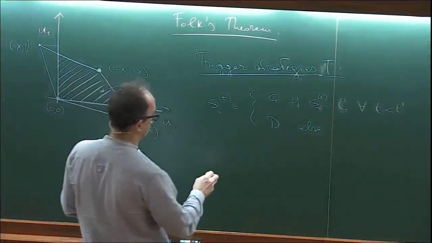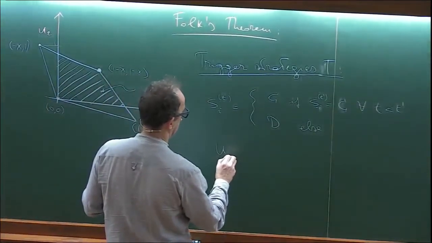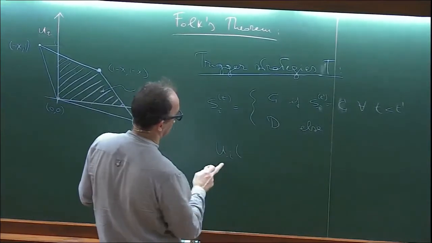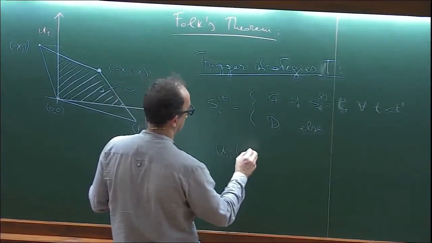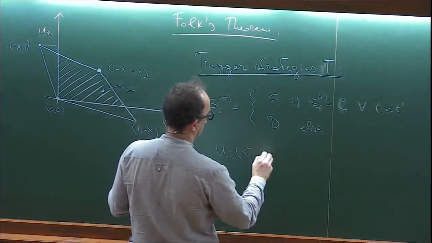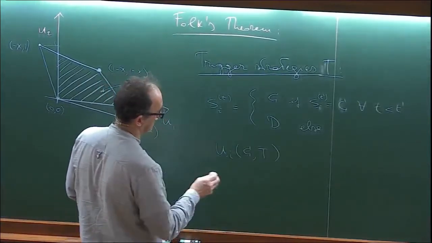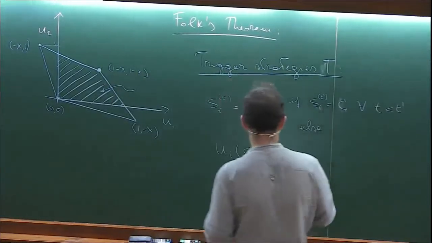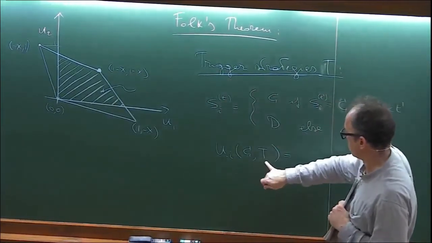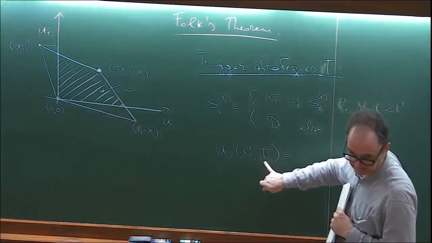Essentially, how do you do this? Well, player 2 has to check whether he better cooperate against this strategy, cooperate forever, that is, play also this trigger strategy.